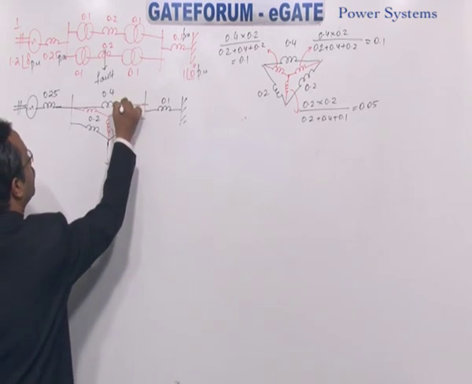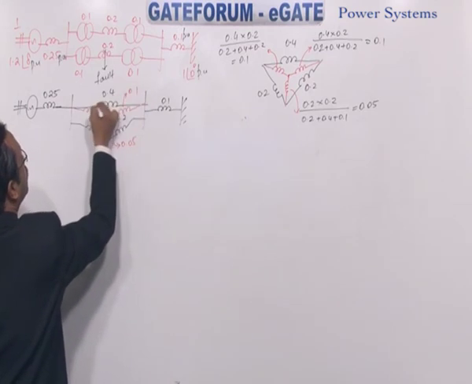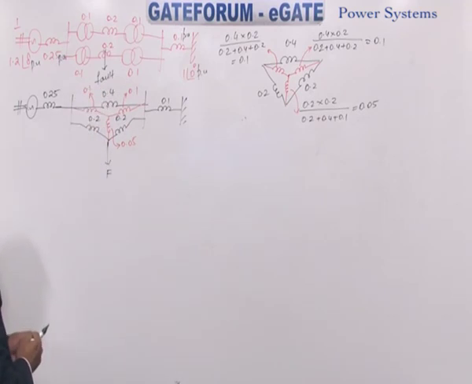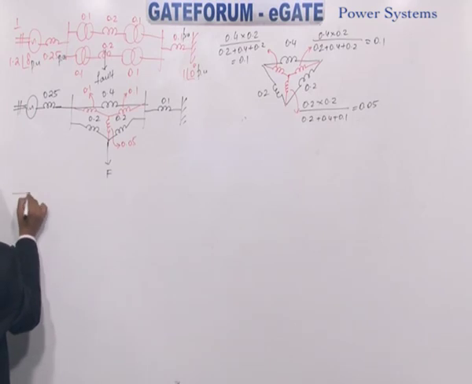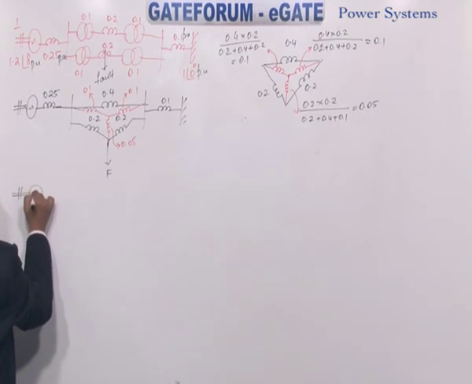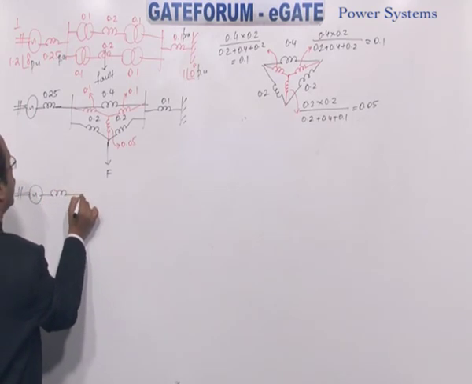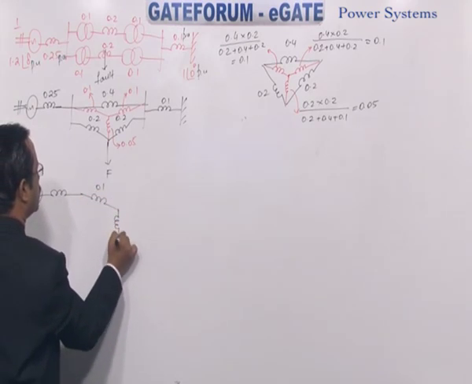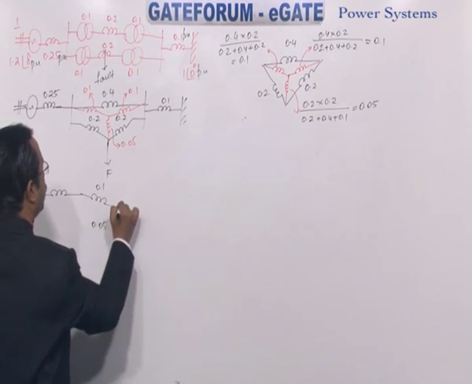So 0.05, 0.1, here it is 0.1. So 0.25, this side is 0.1, here 0.05.